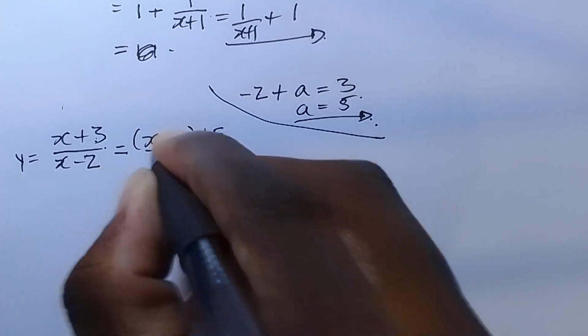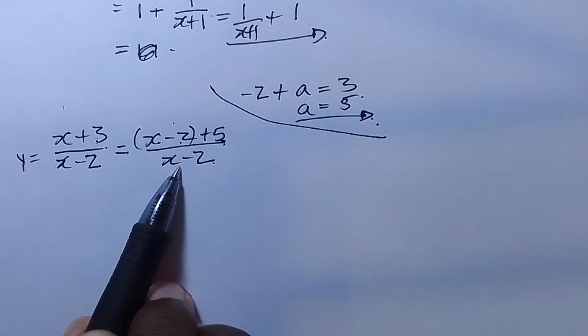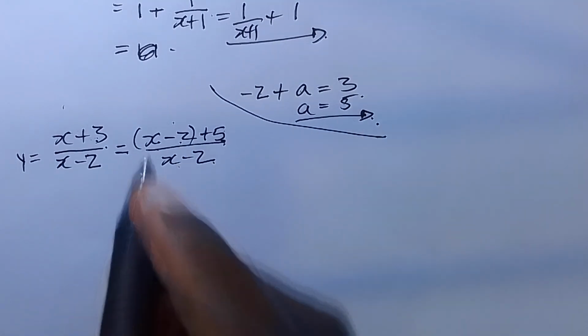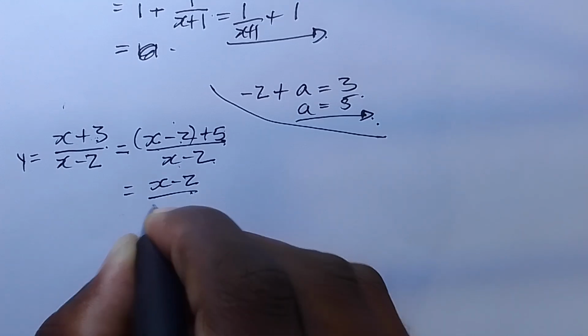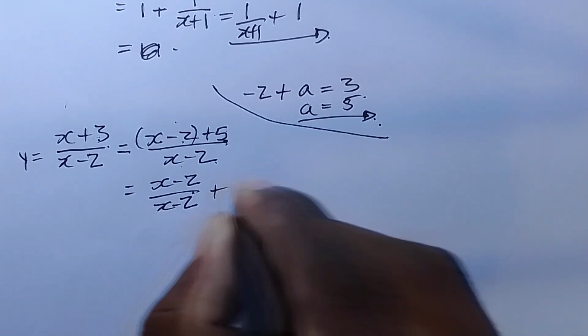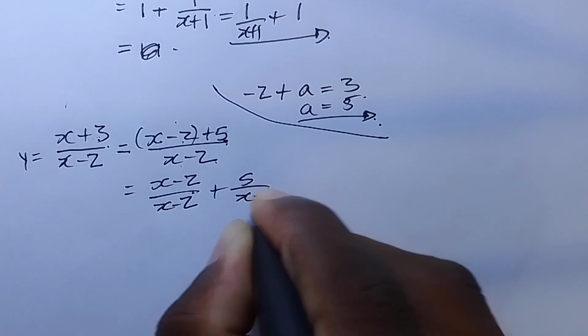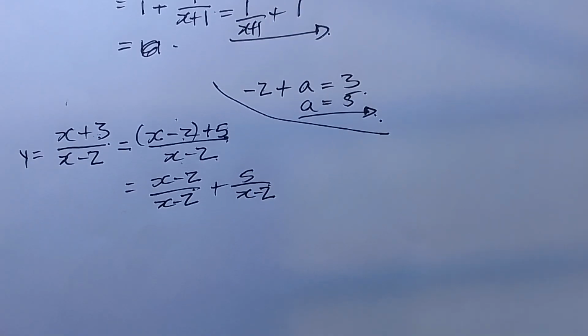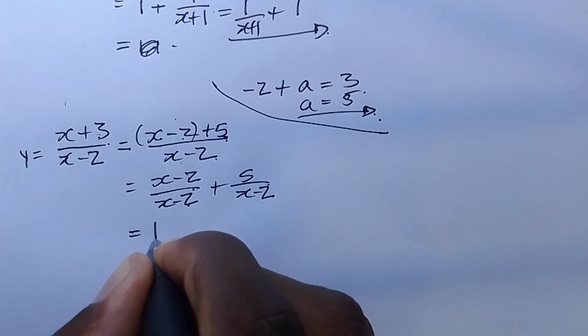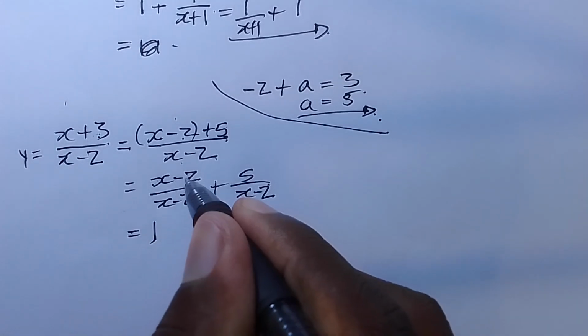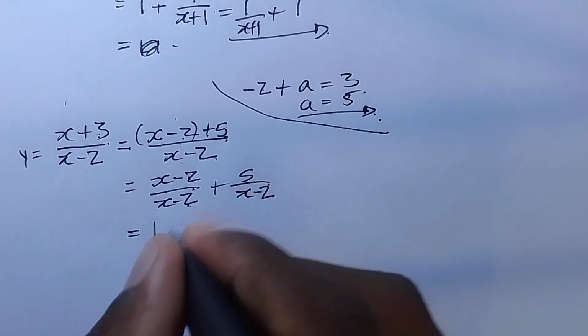Now let's put brackets again. You say this over this and 5 over x minus 2. That's going to be x minus 2 over x minus 2 plus 5 over x minus 2. Now x minus 2 over x minus 2 should be 1 because it's a number over itself.